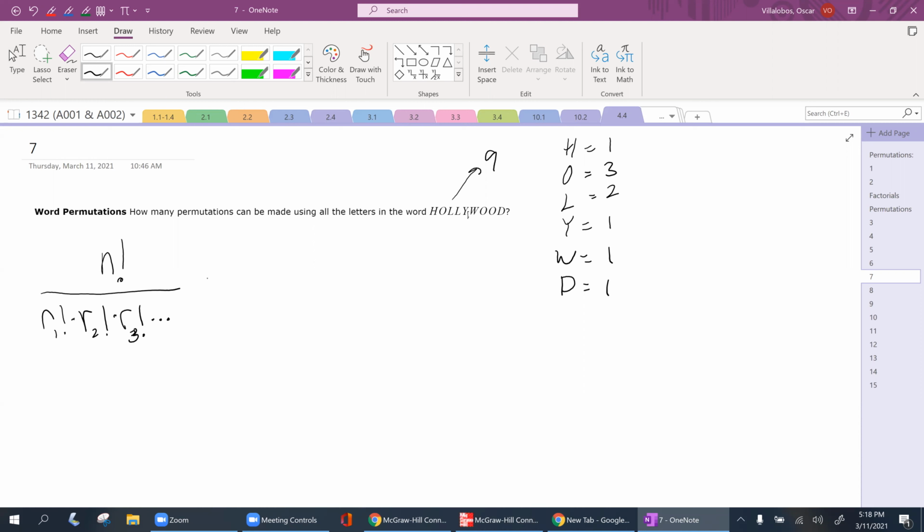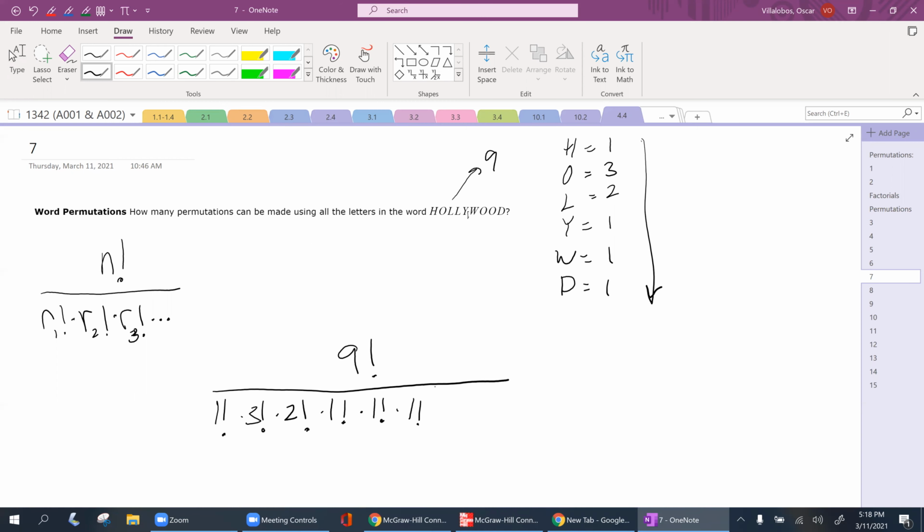So how is this going to look? This is going to look like 9 factorial divided by 1 factorial times 3 factorial times 2 factorial times 1 factorial times 1 factorial times 1 factorial.